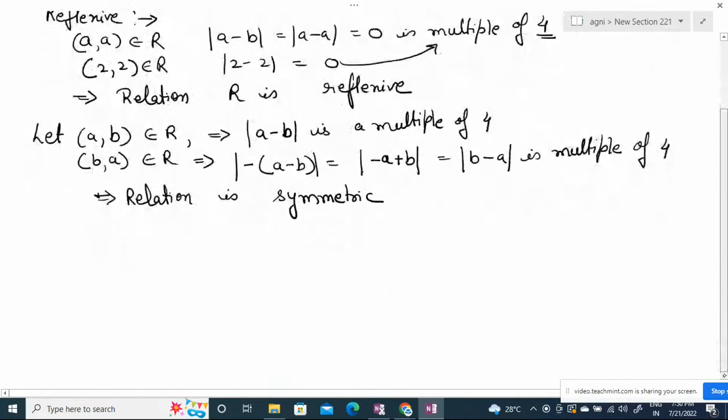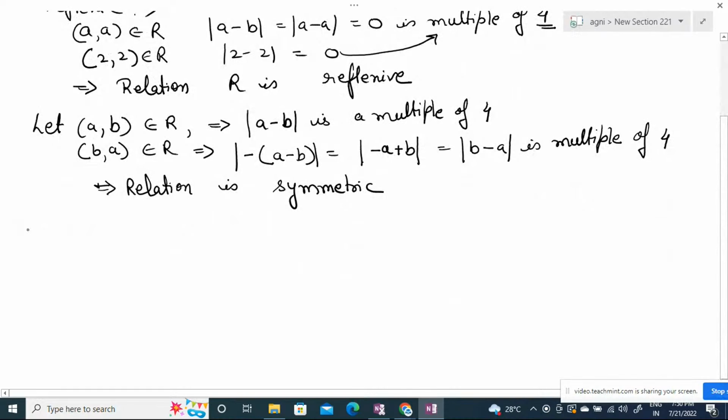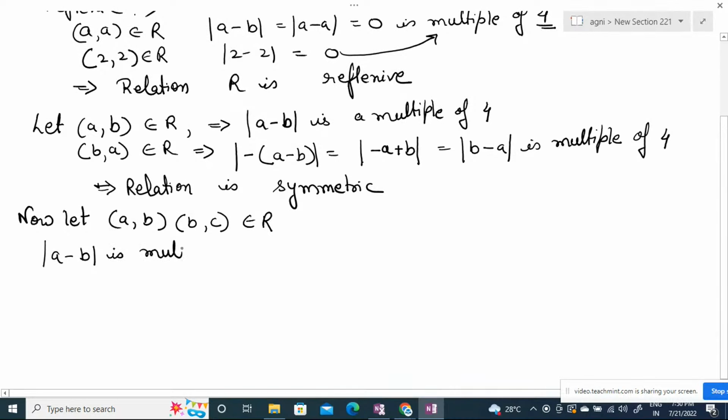Now I am checking for the transitive nature. Now let A comma B, B comma C belong to the relation R. Then we can say that A minus B is a multiple of 4. Similarly, B minus C is also a multiple of 4.